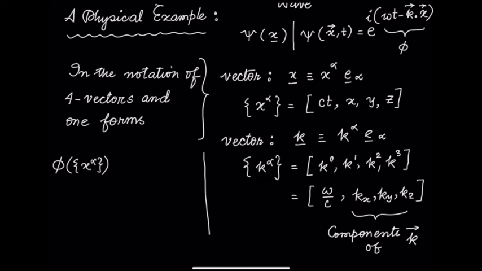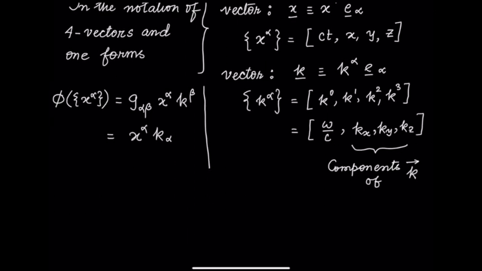Phi is different for different events, but it's a scalar because I can now write this phi as g alpha beta x alpha, k beta. Or if you wish, I can also write this as x alpha and then k alpha, where you know now k alpha is the components of a one form.